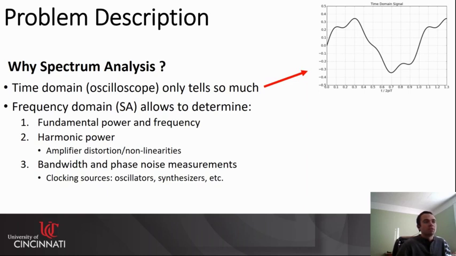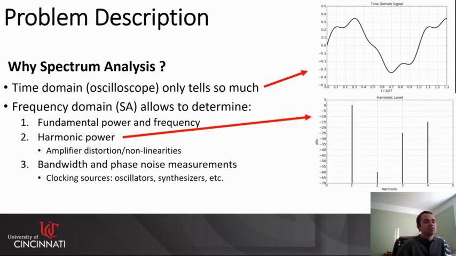So that's where we turn to frequency domain analysis, where you hook this output of your amplifier up to the input of a spectrum analyzer, and you'd see something like this. Note that this is dBc.